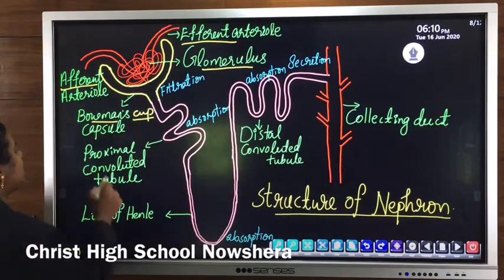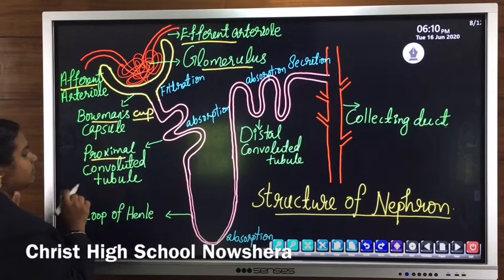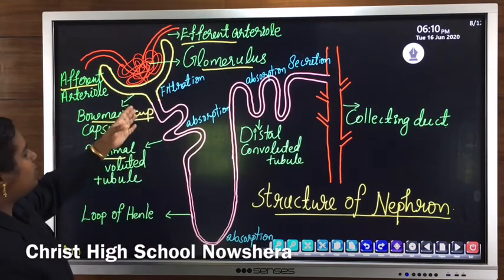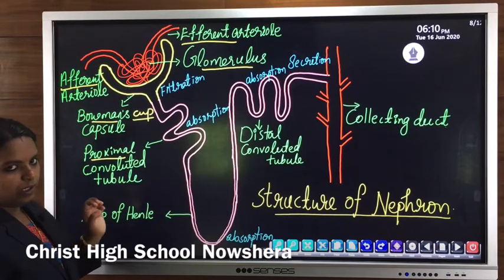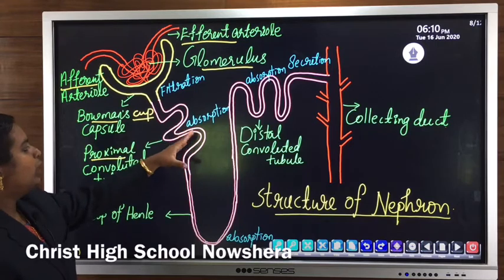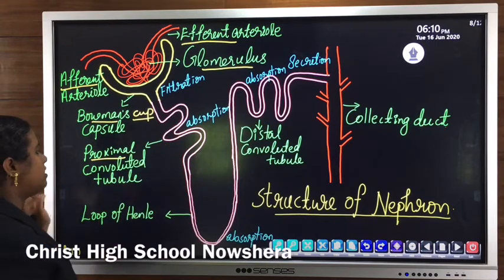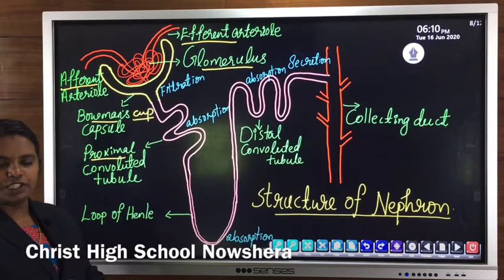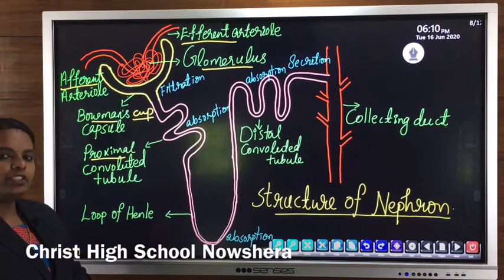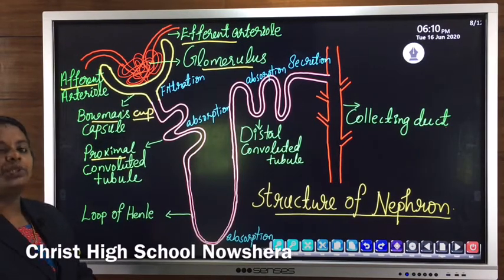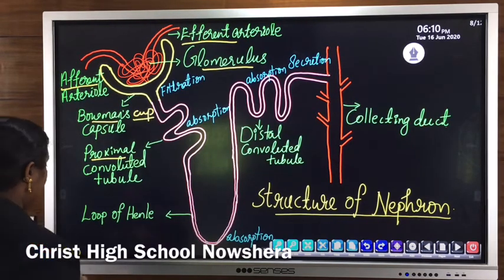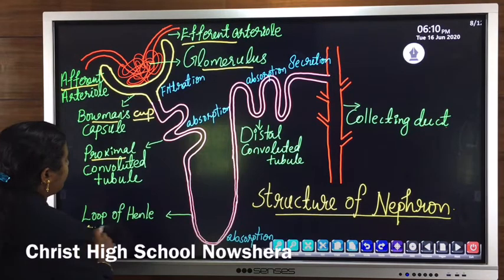This proximal convoluted tubule leads to another part, a U-shaped or U-turn like structure, that is known as loop of Henle.